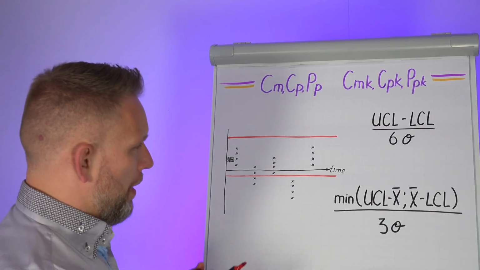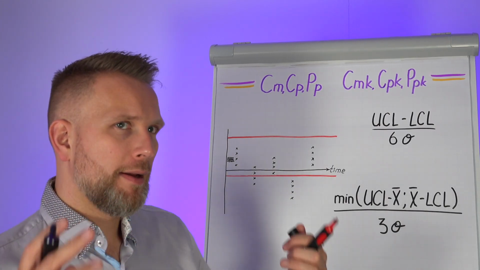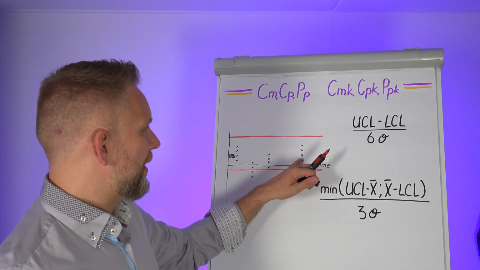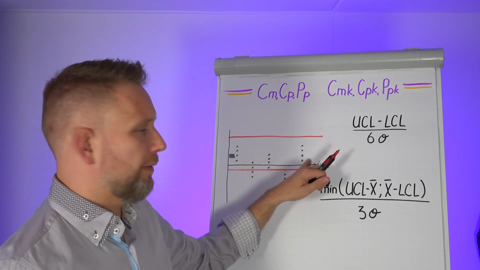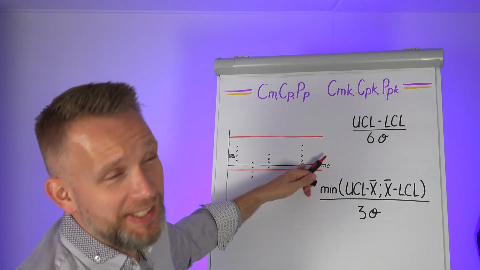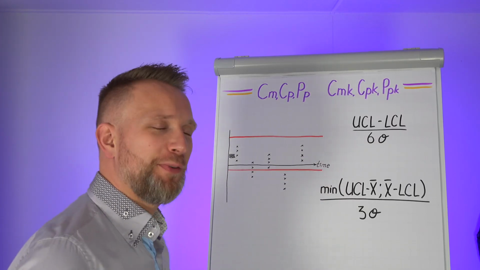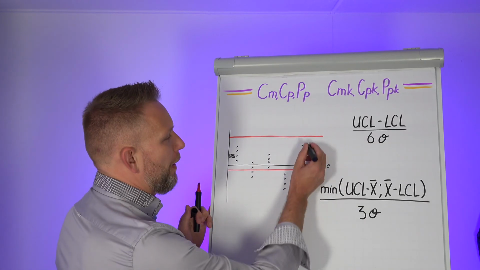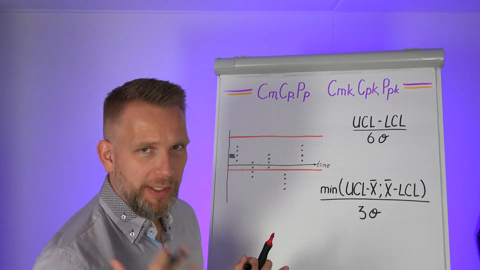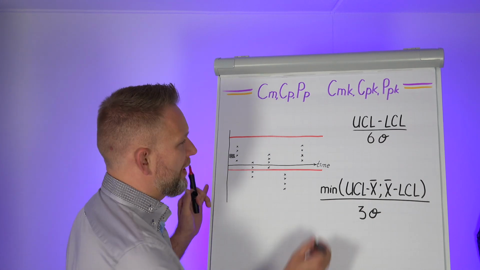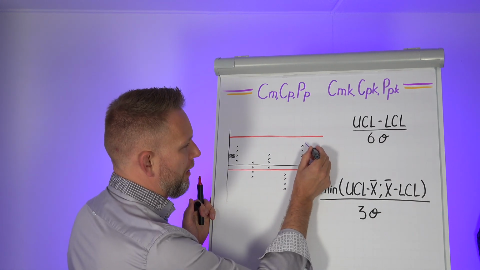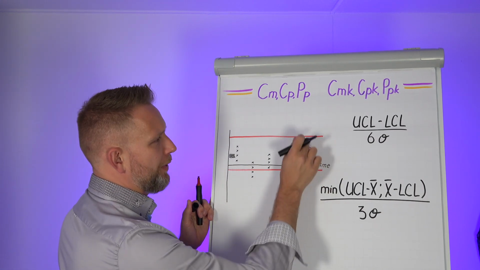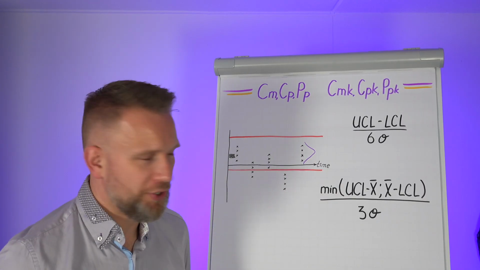What's the spread in my process? If we take only this last one here, which is nicely centered, which is well within all of the bounds, and if we assume there is more or less a normal distribution, we would assume that this is the normal distribution of what comes out of our process.